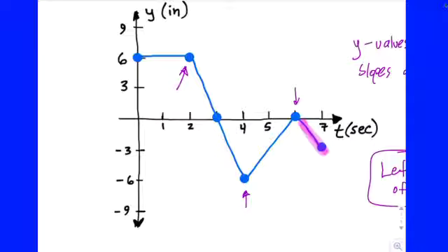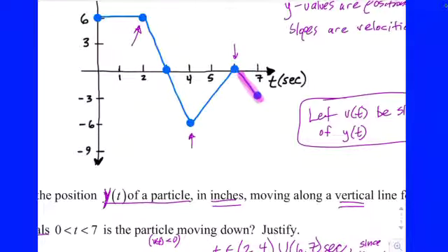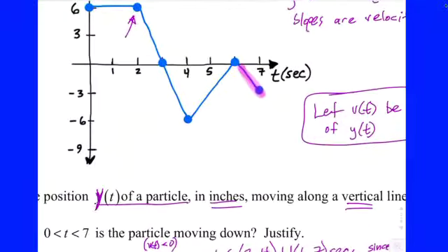Now remember what I said also, that we have to talk about how the signs change. We can't just say that they change signs. Those change signs in different manners, right? So we have to justify each of those separately. Wow. So this is where it gets a little bit of writing.